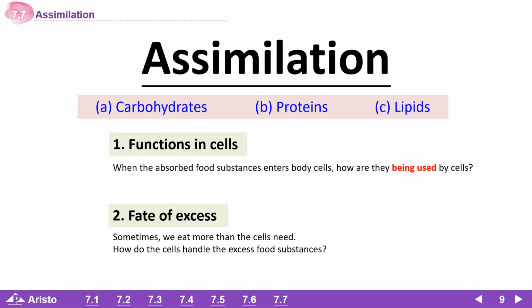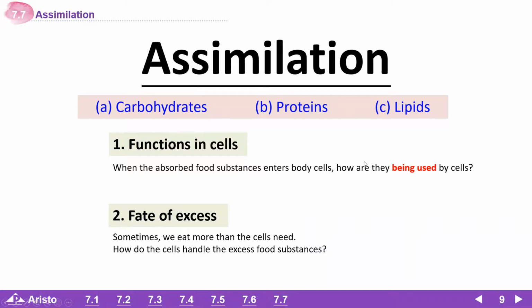We are going to look at 3 food substances, carbohydrates, proteins, lipids, and see how they are assimilated. That means used by body cells. So for every one of these food substances, you need to know first the function in the cell. So let's say carbohydrate. We need to know what's the function once they enter into the body cell. How are they being used?